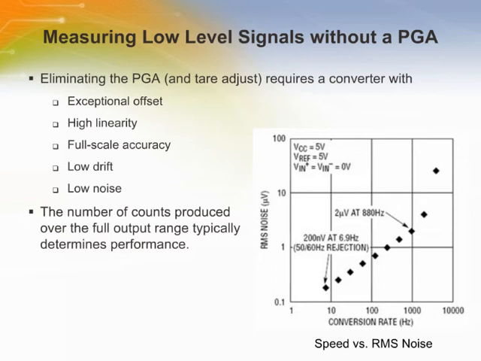This allows system designers to directly interface sensors to the analog-to-digital converter while using a small portion of the overall converter input range. The exceptional noise performance of the LTC2440 allows the user to make one conversion with 500,000 counts and no DC errors for any plus or minus 50 millivolt range.